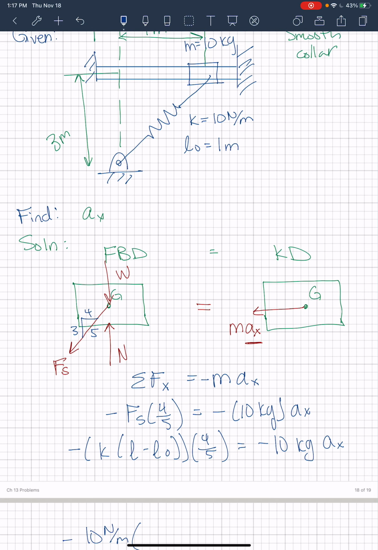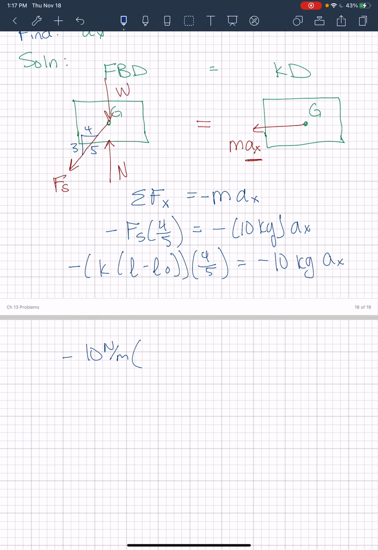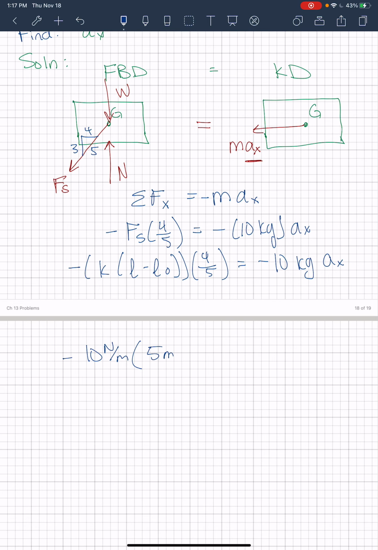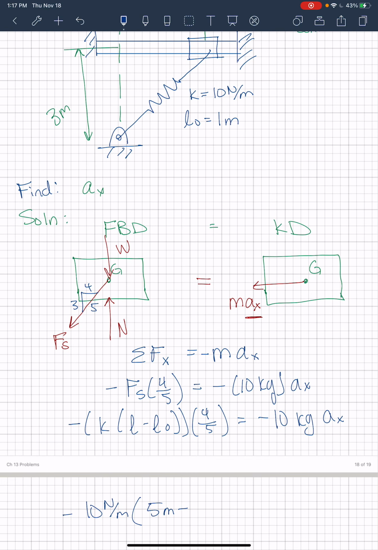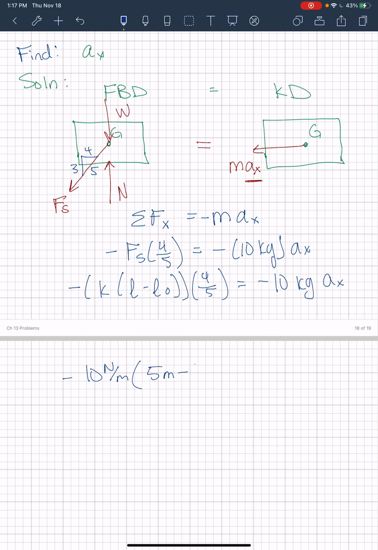The L is the stretched length, so that would be 5 meters because it's 3 meters up, 4 meters over, so that'd be 5 meters for L. And minus that unstretched length, which would be 1 meter. And then that's times 4/5 equals negative 10 kilograms times a sub x.